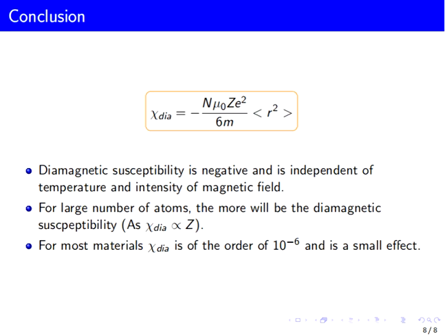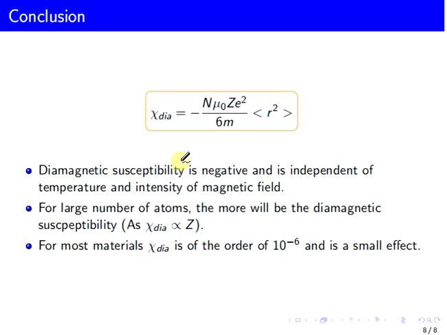Finally, we arrive at the expression for the magnetic susceptibility of a diamagnetic material, which is given as chi diamagnetic equal to minus n mu 0 Z e squared by 6m into r squared. This expression is known as the classical Langevin's result for the diamagnetic susceptibility.